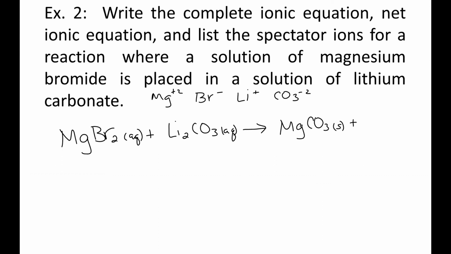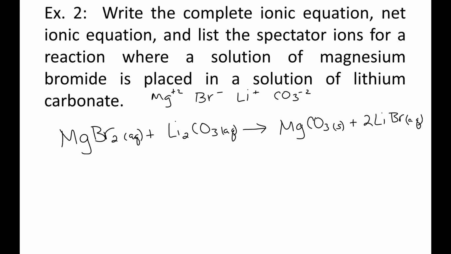So now we can write everything else. And lithium bromide is aqueous. Now we got to balance it out, so we need a 2 in front of there, and I think that's all we need. Yep. 2 LiBr. Okay. So that's our balanced chemical equation.